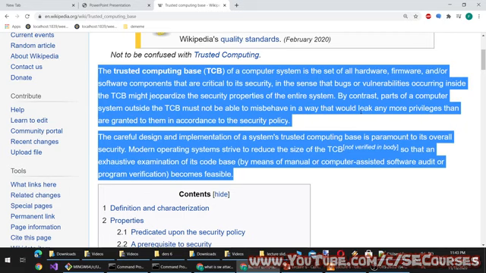The careful design and implementation of a system's trusted computing base is paramount to its overall security. Modern operating systems strive to reduce the size of the TCB so that an exhaustive examination of its code base by means of manual or computer-assisted software audit or program verification becomes feasible.